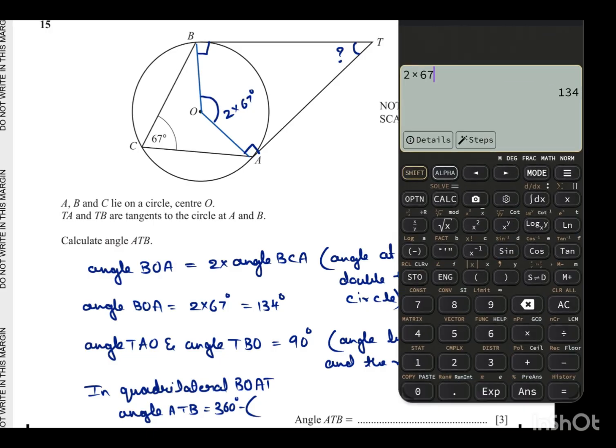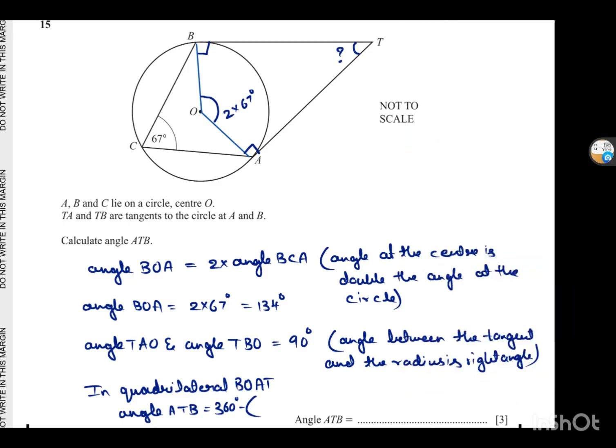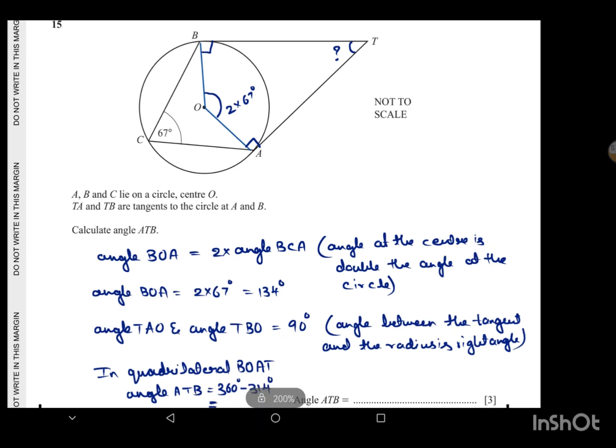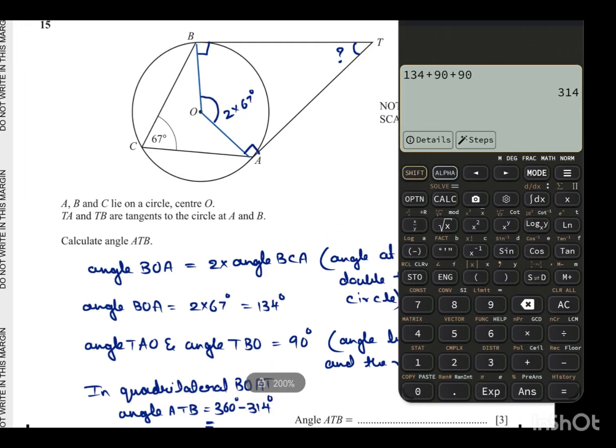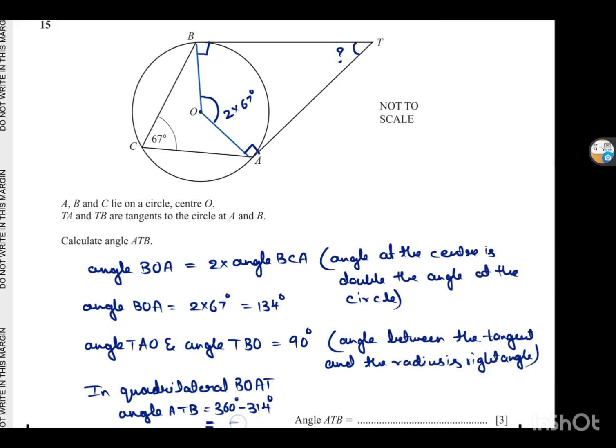Let me do that in calculator. 134 plus 90 plus 90 is equal to 314. Let me write just 314. 360 minus 314 is equal to 46 degrees. So angle ATB is 46.